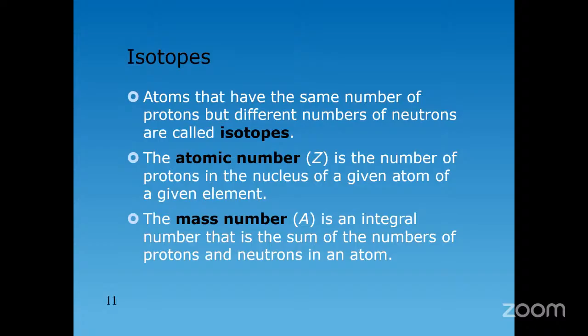You can have two elements having the same mass number, but you cannot have two elements having the same atomic number, because the atomic number is a unique property of an element. Based on the definitions of the mass number and the atomic number, we can easily determine the number of neutrons. All we have to do is subtract the atomic number from the mass number, and that gives us the number of neutrons. And that's basically it.